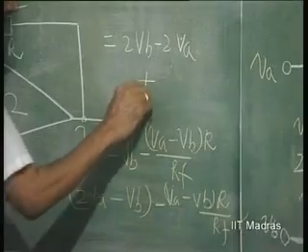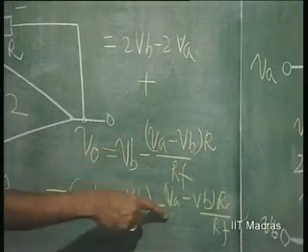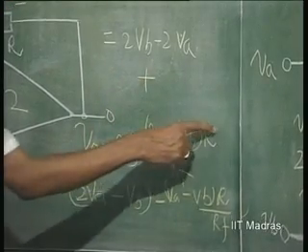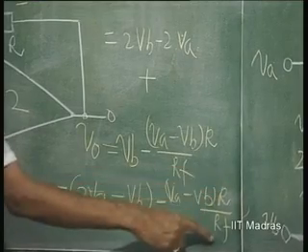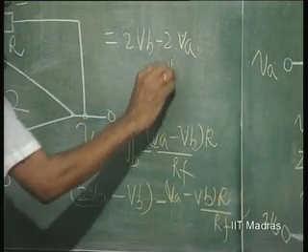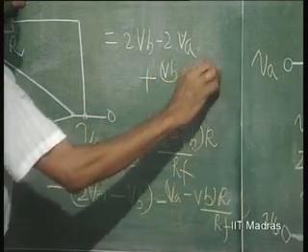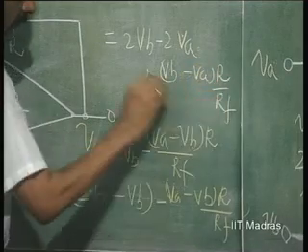Then plus VA minus VB into R by RF, which is plus VB minus VA into R by RF, 2 times.